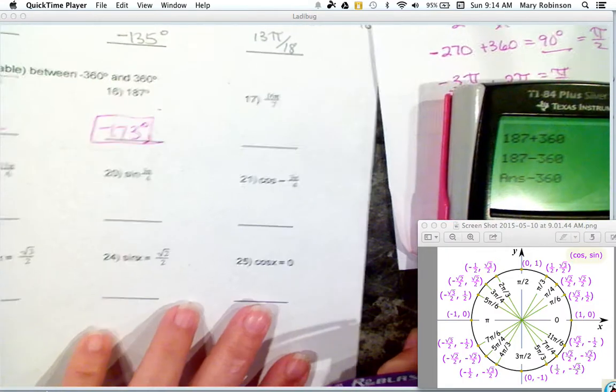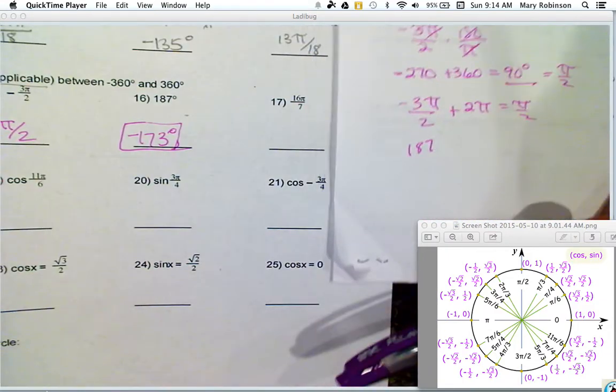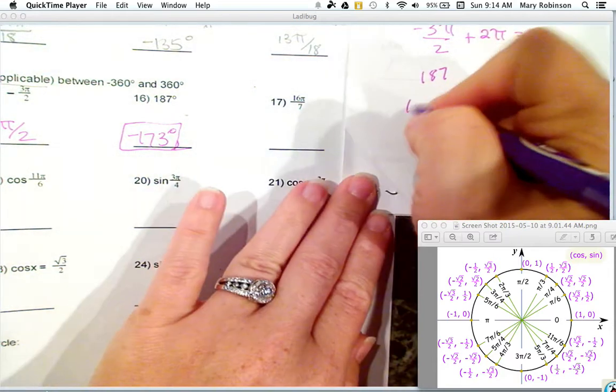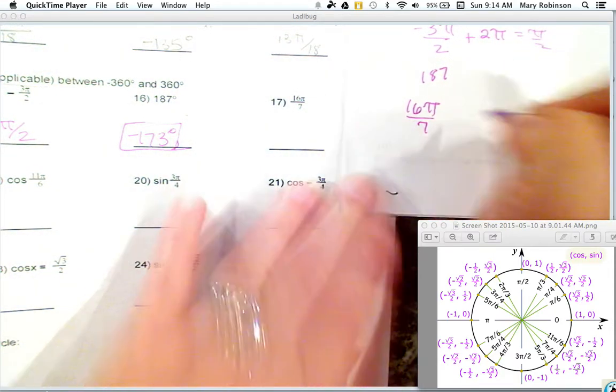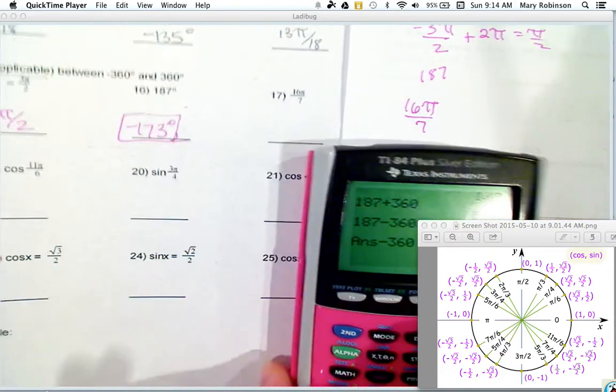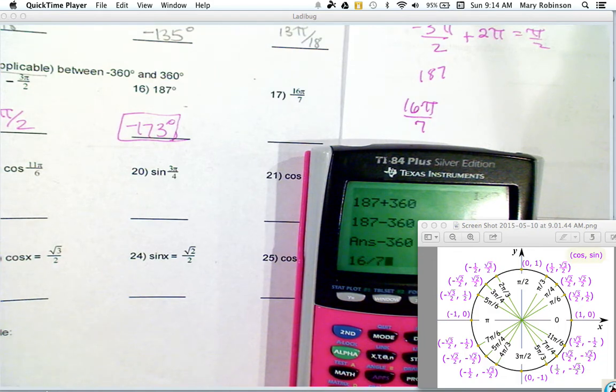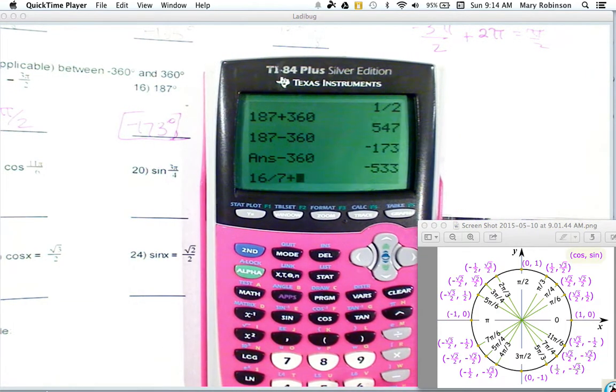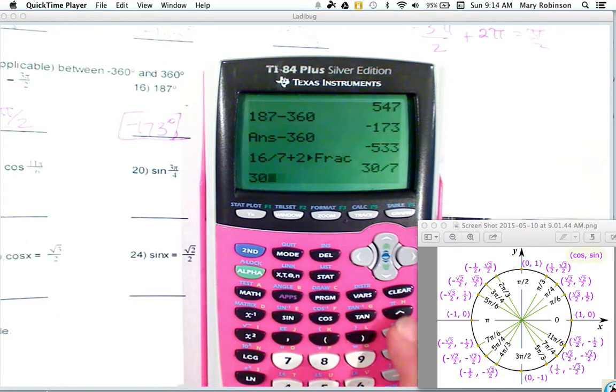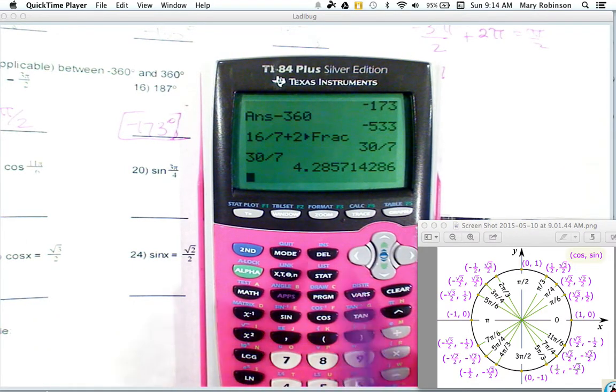All right, and next we've got 16 pi over 7. So if we type in our calculator 16 sevenths and we add 2, math, enter, enter, that's going to give me 30 sevenths. 30 sevenths is far above 2, so I do not want to list that one.